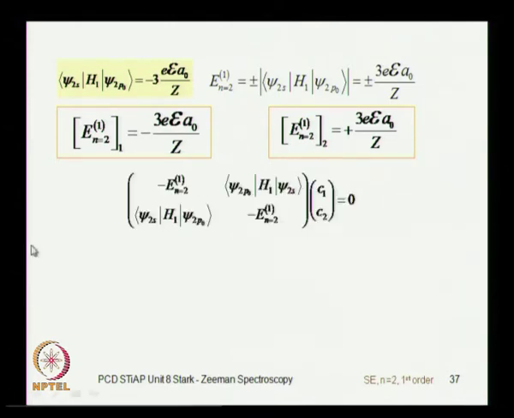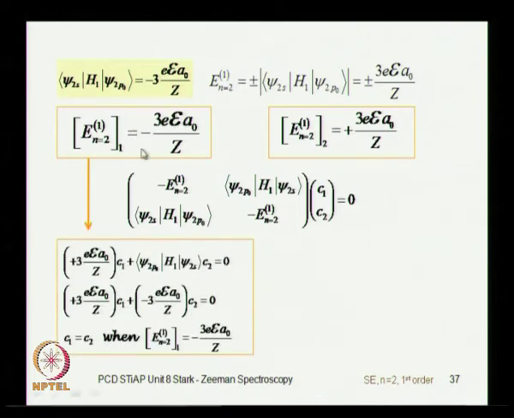Now all you have to do is to insert these roots one by one in this matrix equation, and that will give you the coefficients C1 and C2. So insert the first root, which is minus 3E script E A0 by Z. This together with this minus sign gives you a plus sign here, and then you have this matrix element times C2.